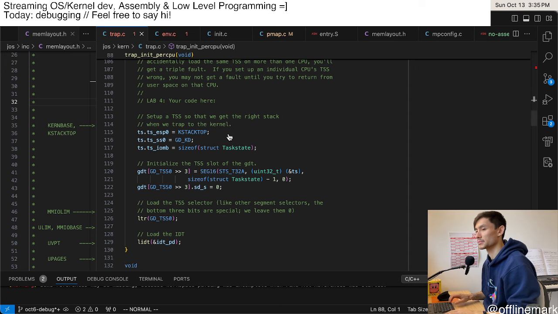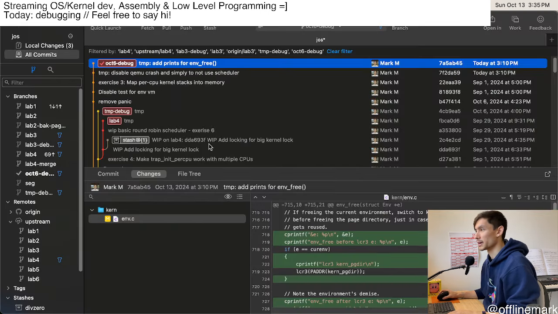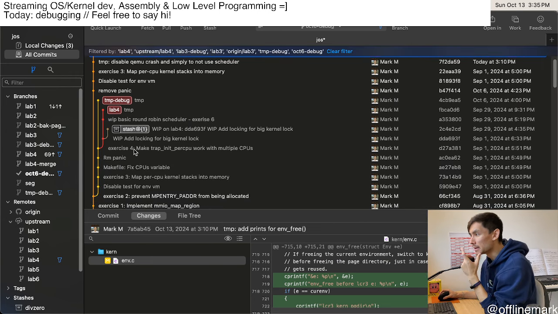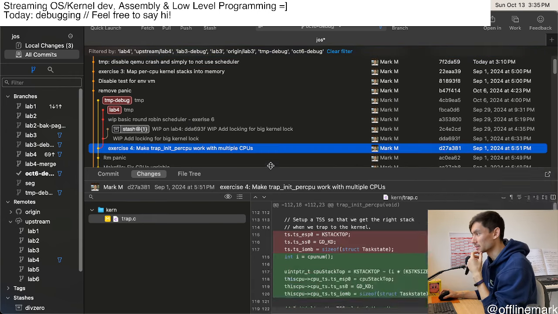But actually in this branch, I have not implemented exercise 4 yet.